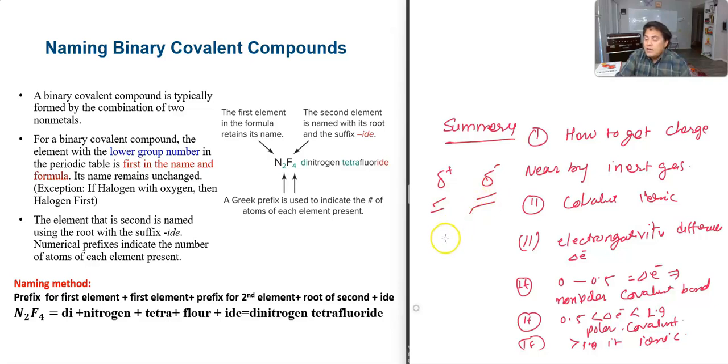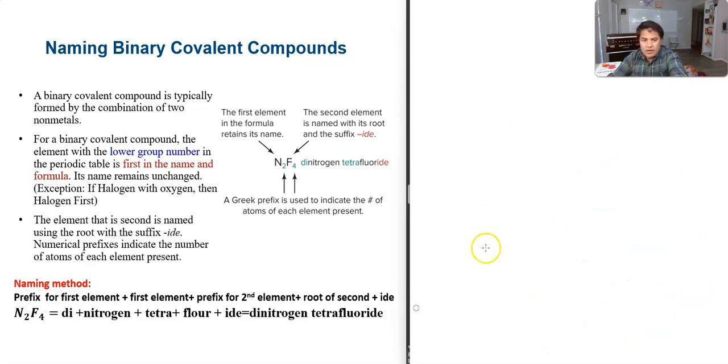This letter delta represents partial. Okay, so this is today's takeaway, and next time we will study the naming of binary compounds and binary covalent compounds, and then the ionic compounds. So that's it for now. We will go to the next video. Thank you for today.